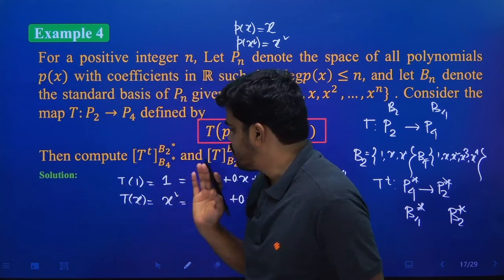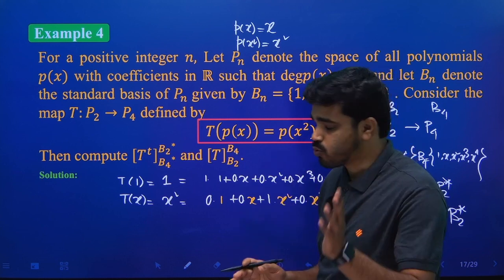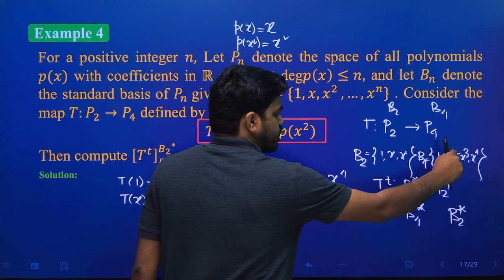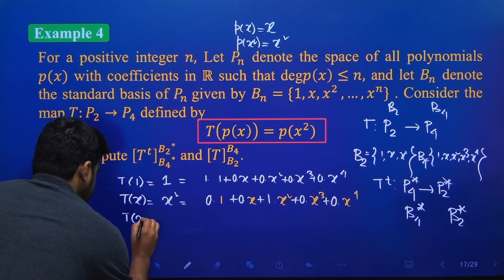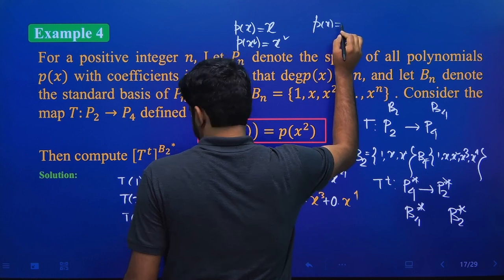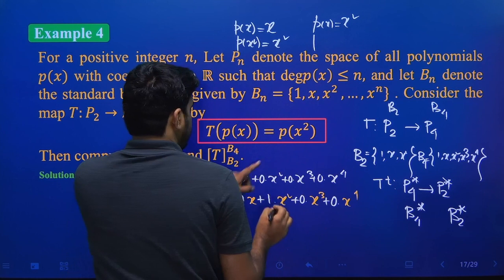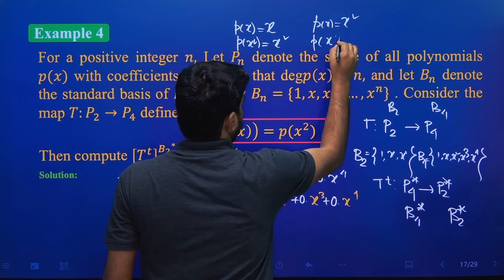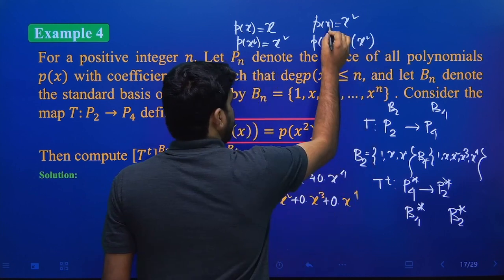Okay, similarly we have to calculate T(x square). We have to express T(x square) as a linear combination of 1, x, x square, x cube, x to the power 4. Here P(x) is x square, so how is it defined? T(P(x)) is P(x square), so you just replace x by x square.